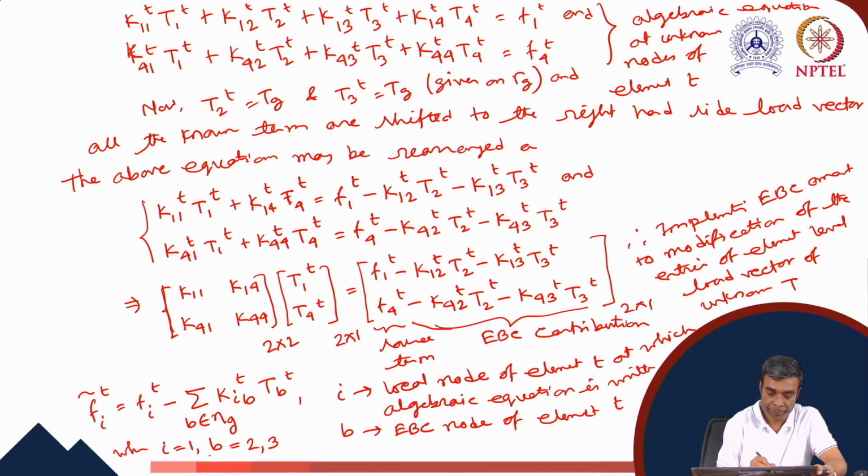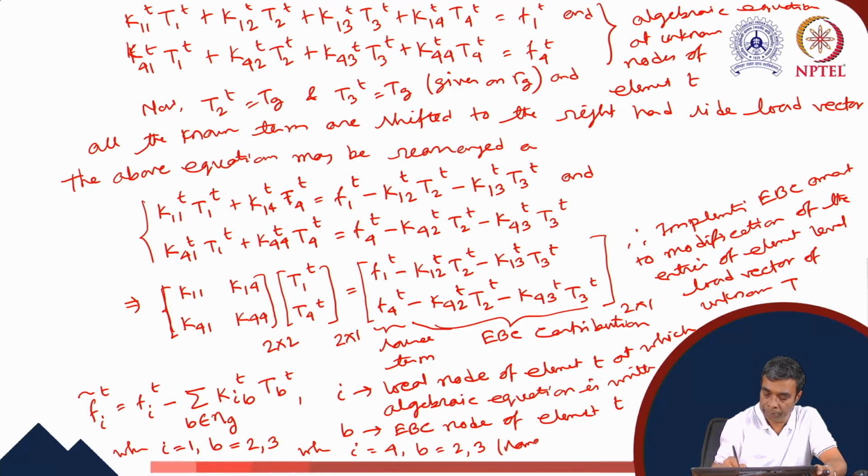So we are getting K12T and K13T. When I equals 4, similarly B must have the same values, B equals 2, 3.